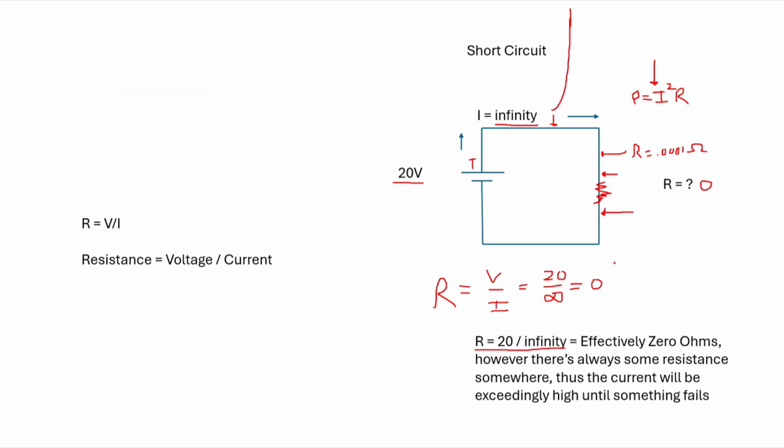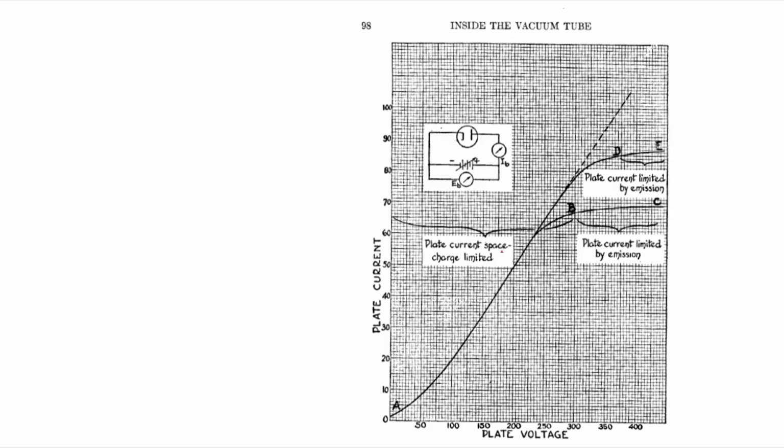All right, good. Now, let's apply this back to, and this is a chart that I kind of concluded with last time, our diode. There's the diode. Let me redraw it again. Here's the cathode, and there's the plate.